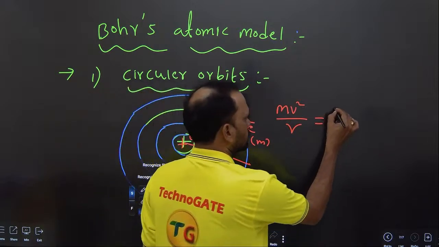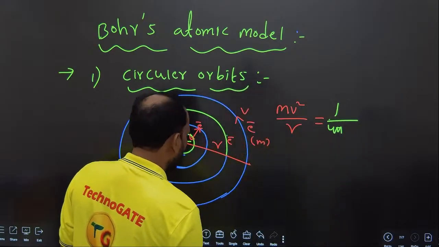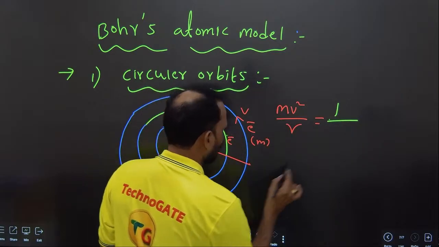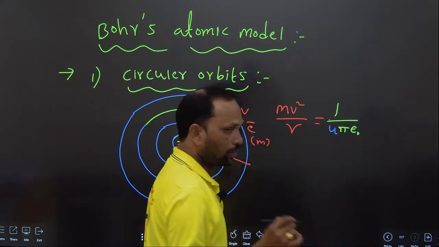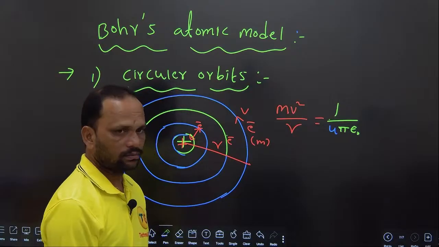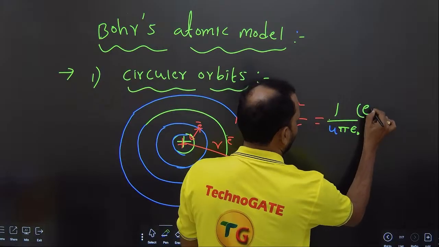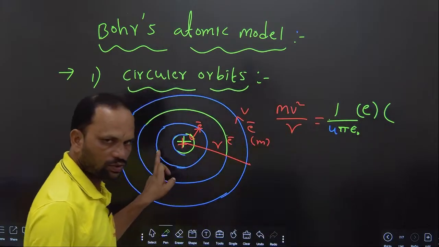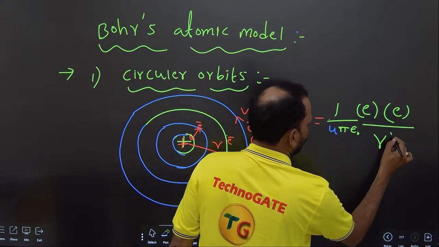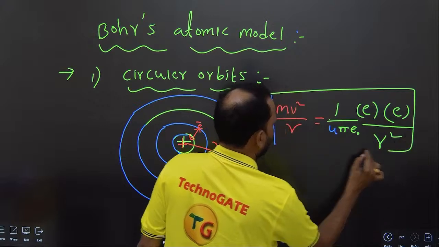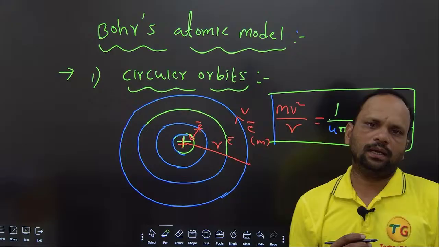That electrostatic force is 1 by 4 pi epsilon naught into Q1 Q2 by r square. Here Q1 is the electron charge e, and Q2 is the positive charge, also e, so e square by r square. This is the condition for an electron to rotate in a circular orbit.